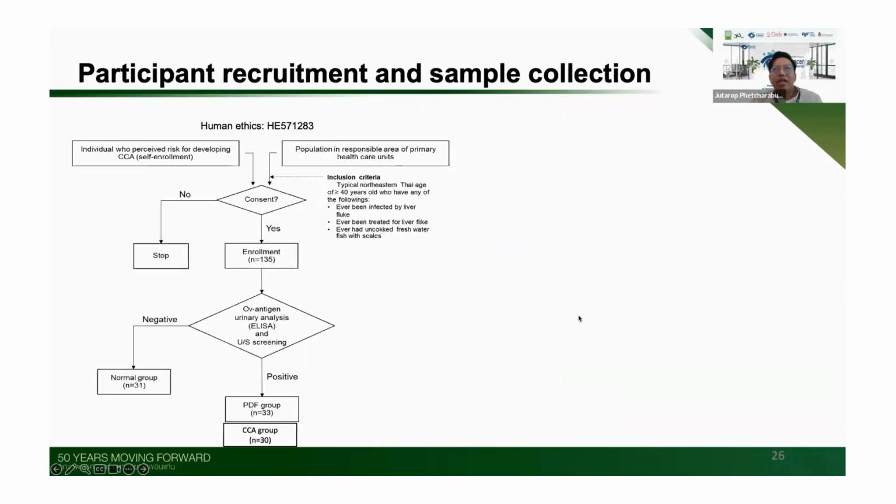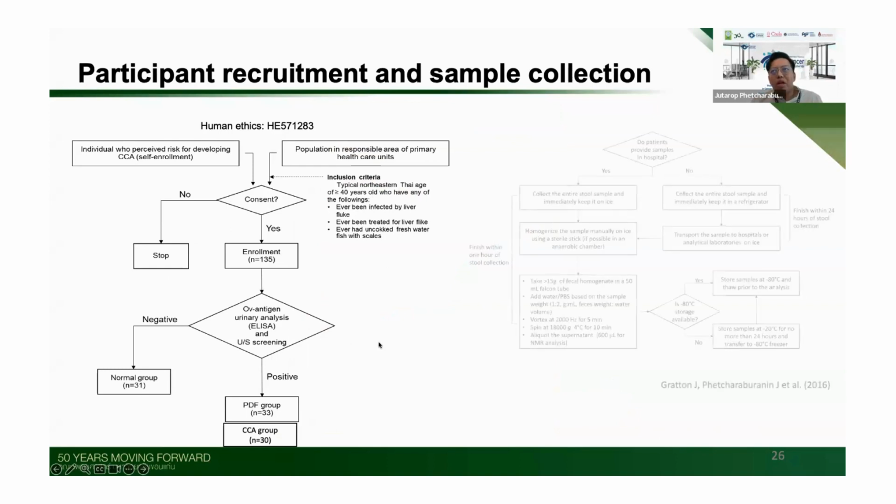The particular study that I would like to share with you today is on fecal metabolic alteration in normal, PDF, and CCA groups. In this study, we recruited participants who had been diagnosed with PDF using ultrasonography and CCA with MRI and CT scan, in comparison to individuals with a normal bile duct.